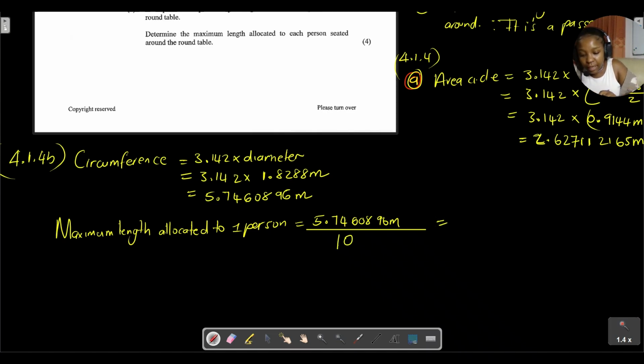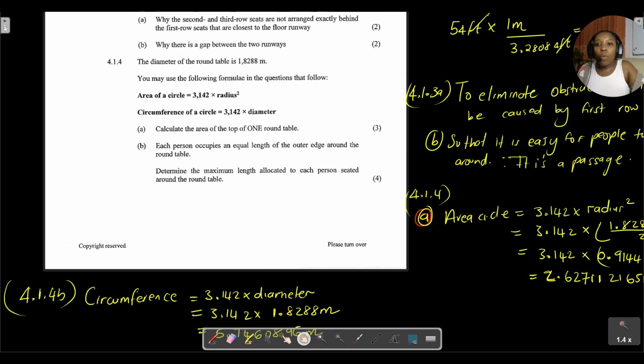If you divide by 10, we see that the maximum length allocated to one person is 0.5746086 meters, which is approximately 0.57 meters.